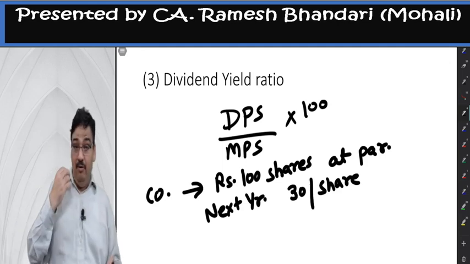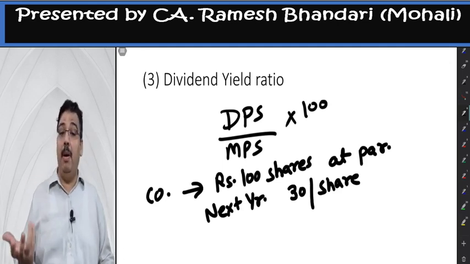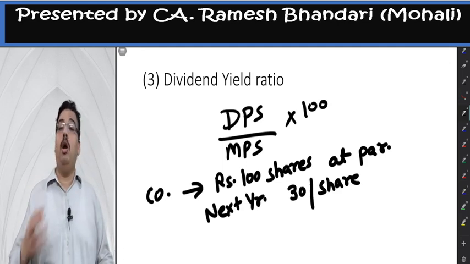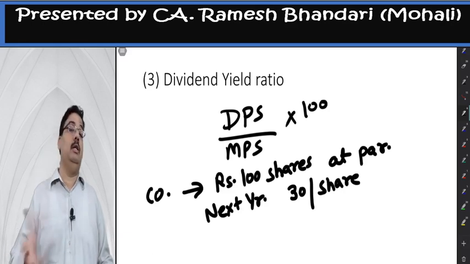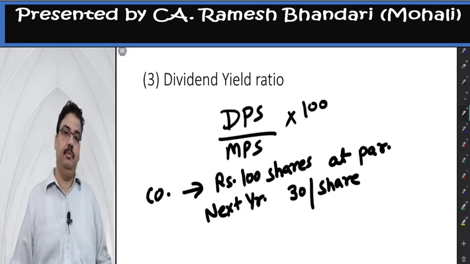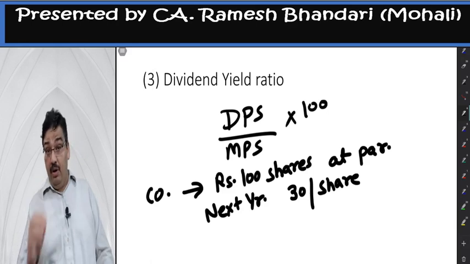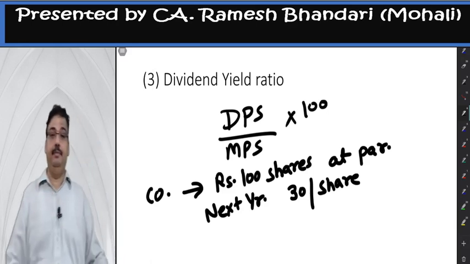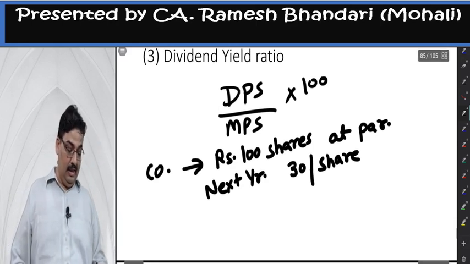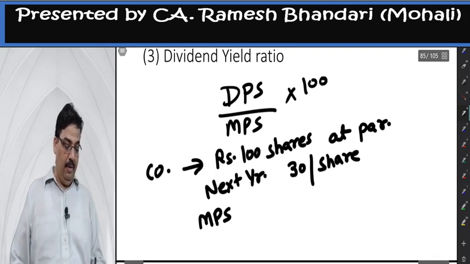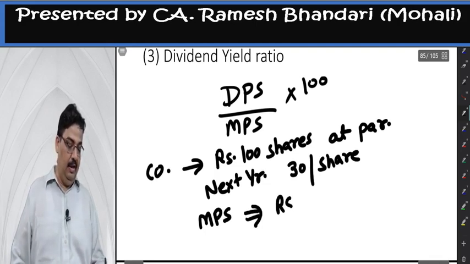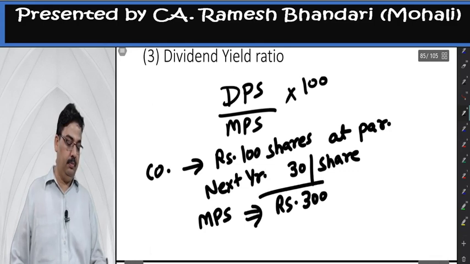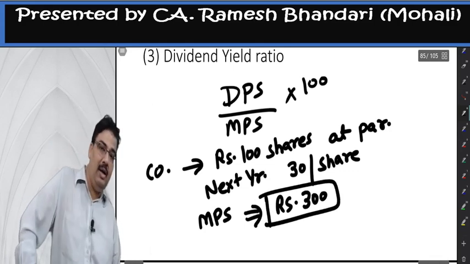Now, if I am an investor who bought in the public issue, for me the return on my investment is 30%. Very simple. But somebody who bought it from the market, let us say the market price per share is rupees 300, he bought it at this rate.